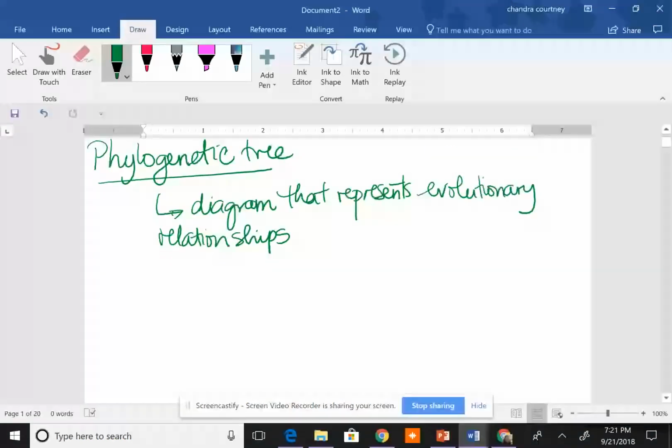Okay, so the branching in the tree itself reflects or shows how different species or groups all evolved from what's known as a series of common ancestors. Okay, so you and I are related because we have this person in common. You and this other person is related because you have that person in common. Think of it from that perspective.